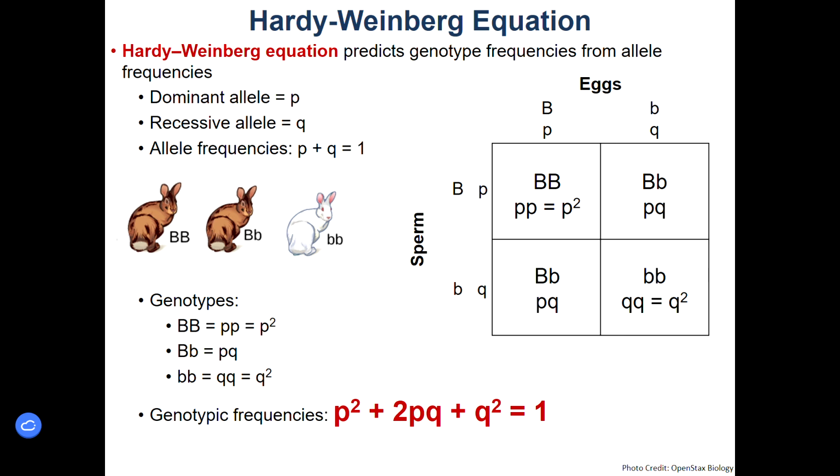And then we have our homozygous recessive individuals, Q squared. Because we're talking about our entire population, this is equal to 1, because we're talking about all the genotypic frequencies, every individual in our population.